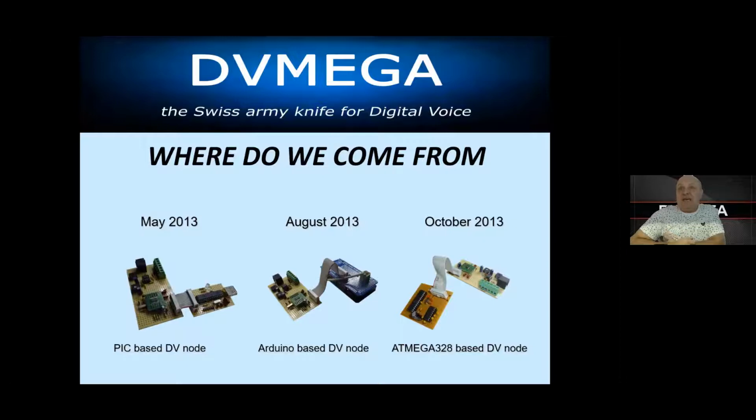He made a PIC-based DV node, with a PIC microcontroller, that's this one. A DV node is in fact a hotspot, but it's only the hardware. It's more a modem, and you have to connect a 9K6 capable radio to it, and then you have your own hotspot or repeater.